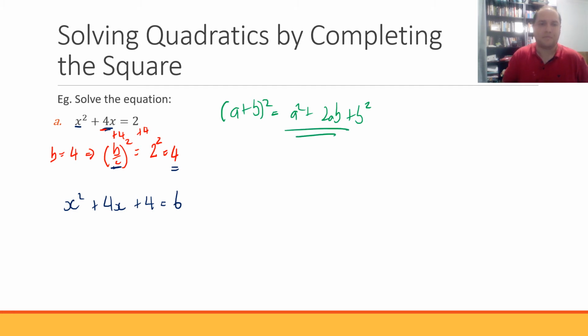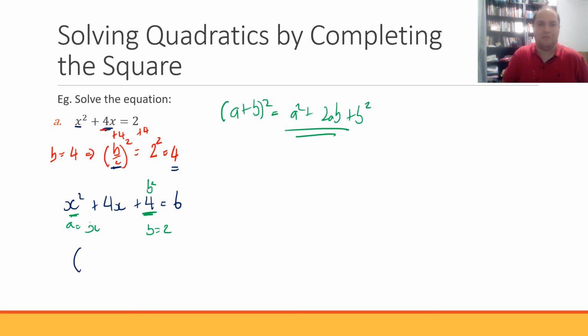So in this situation, we've got a equals x in this case. And at the back here, the term we're adding on, 4 is our b squared value. So that means in this case, b is 2. A little bit confusing with b and b, but that's just how the notation works as we go through.